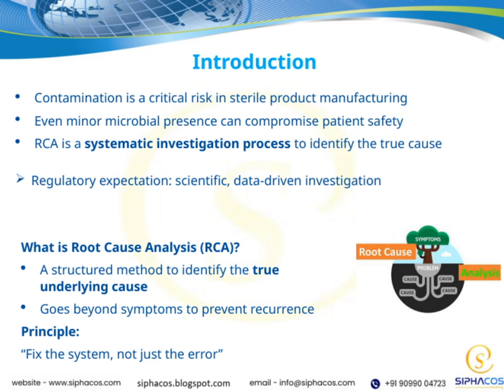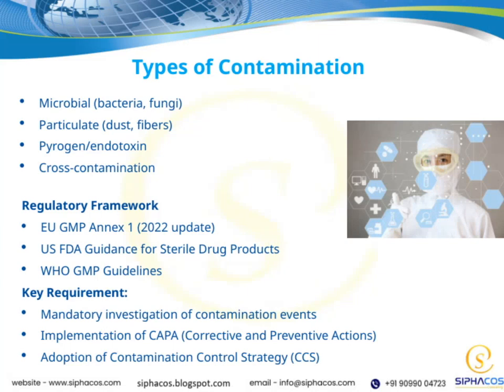Investigations must be scientific and data-driven. We need to rely on facts, evidence, and thorough analysis to identify the root causes accurately. This approach ensures we not only resolve the issue at hand, but also prevent future occurrences, ultimately safeguarding patient health and maintaining compliance. Let's take a closer look at the regulatory framework that guides our contamination control efforts.